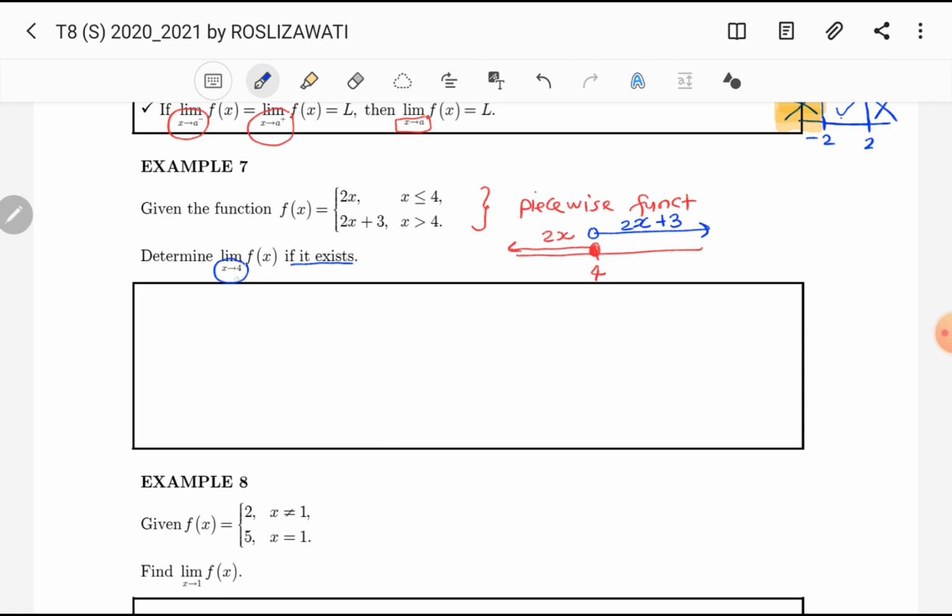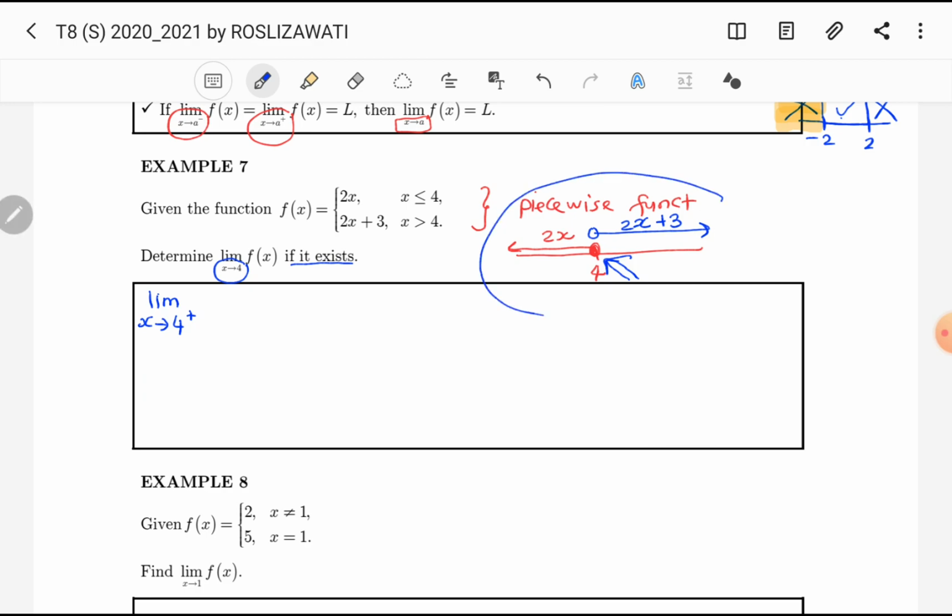So x approaches 4, that is where it changes at 4. So we have to check 4 from positive, from the right, and 4 from negative, from the left. First, limit as x approaches 4 positive, on the right of 4. Which function should I use, 2x or 2x plus 3?